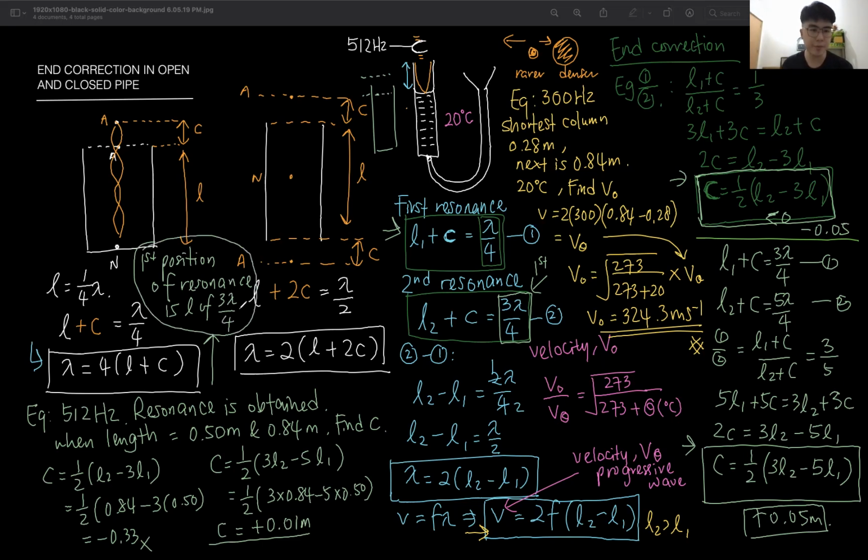It is not the fundamental mode. 3 lambda over 4 is the second harmonic. Okay. So if this one also you get negative, then you go to the next one, to the 1 and 2, 2 and 3, and 3 and 4, 4 and 5.